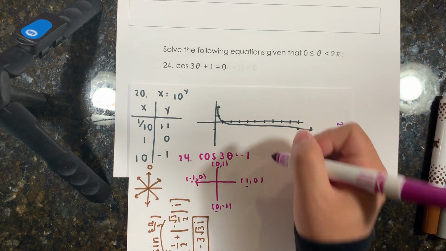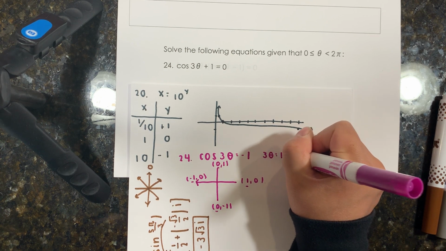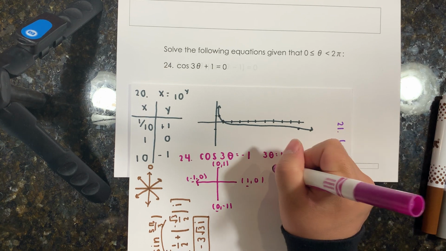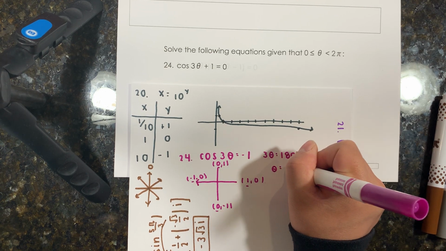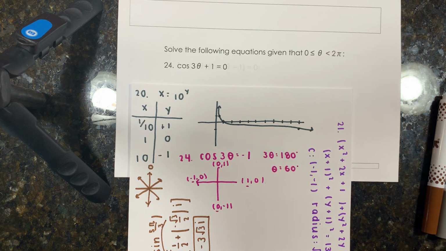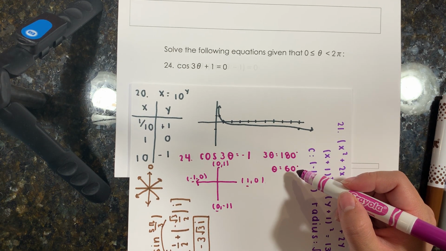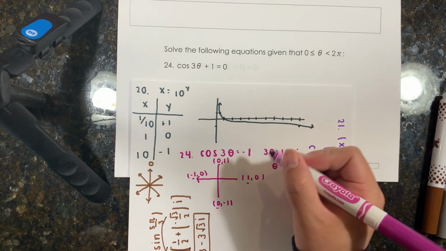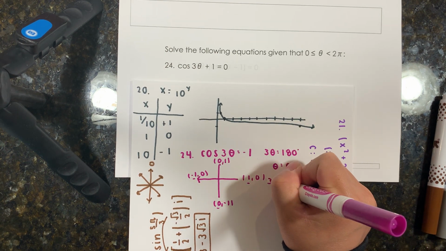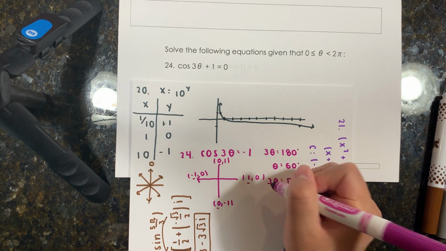So I'm going to start by setting 3 theta equal to 180, which means that my first answer is theta is equal to 60. And I probably should have done that in radians. So it's actually going to be 3 theta is equal to pi, because pi is equal to 180.